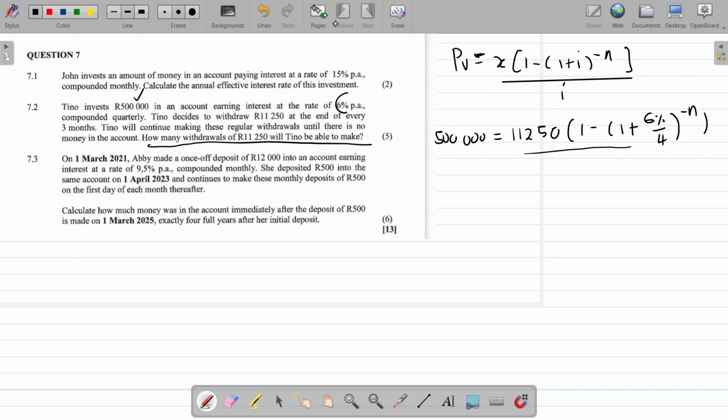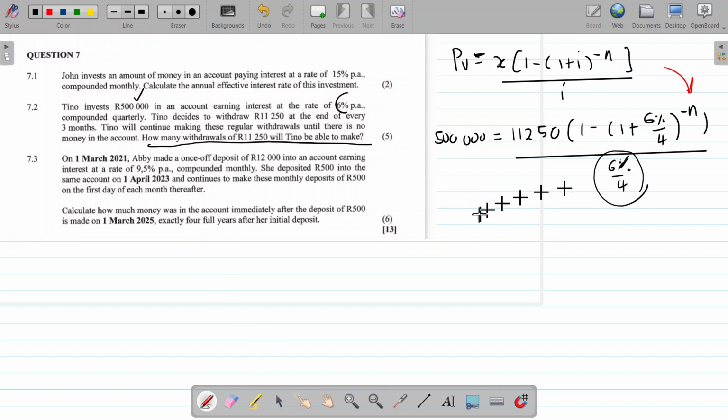Then we divide everything here by our interest rate, which is 6% quarterly. So now our aim is to solve for n. We're going to have to take everything to the other side and then solve. So I'm going to first multiply by 6% divided by 4.